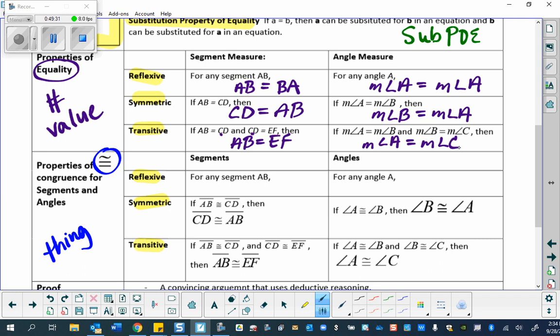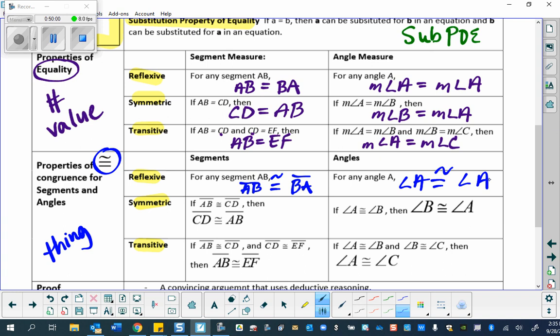Those same conversations can be translated into talking about segments. If I have segment AB, that's going to be congruent to segment BA. Whether I take a look at that piece from left to right or right to left, that segment, that physical thing is the same. And angle A is going to be congruent to itself.